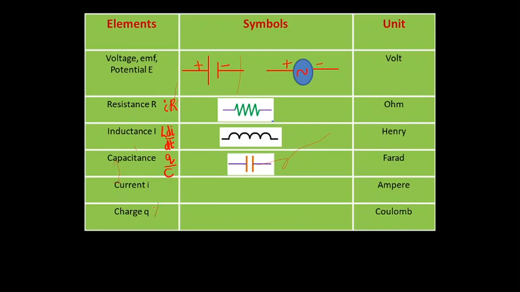The current is related to the charge by I = dq/dt; the rate of change of charge is nothing but current. These are some of the formulas one should know.